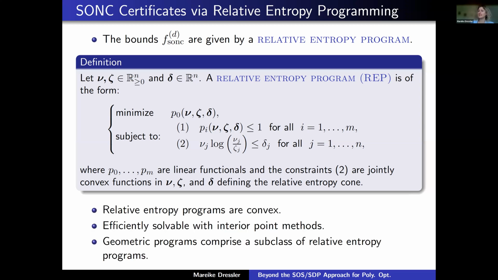And the nice thing is, again, they are convex and efficiently solvable with interior point methods, because we have a computationally tractable barrier function for this relative entropy function. And these geometric programs really comprise a subclass of relative entropy programs. So in specific cases, relative entropy programs boil down to geometric programs.